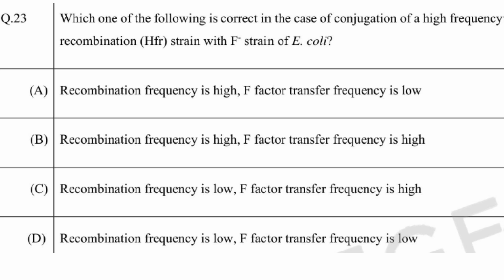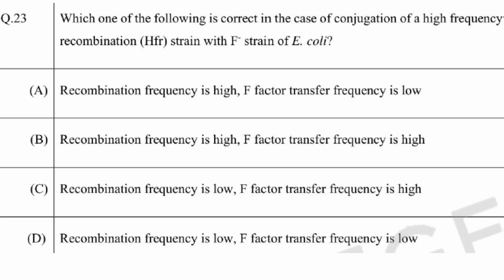Then next one. Which one of the following is correct in the case of conjugation of a high frequency recombination strain with an F- strain of E. coli? The Hfr strain has an integrated F factor in its chromosome. During conjugation, the chromosomal genes are transferred efficiently.